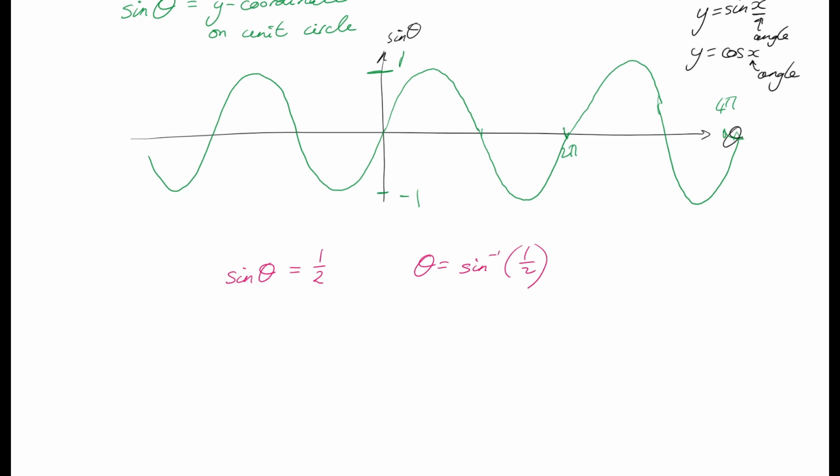However, when I've got the graph drawn in front of me, as you've used your graphical calculator many times before when solving equations, if you have an equation that you need to solve with a variable on the left and another equation or a constant on the right, you simply graph both those things.